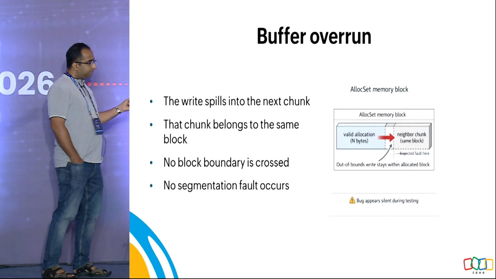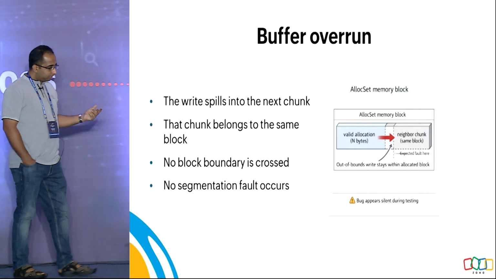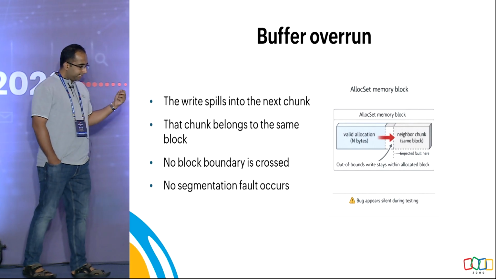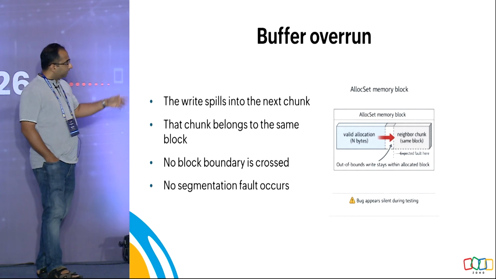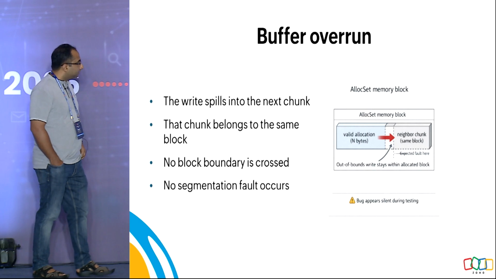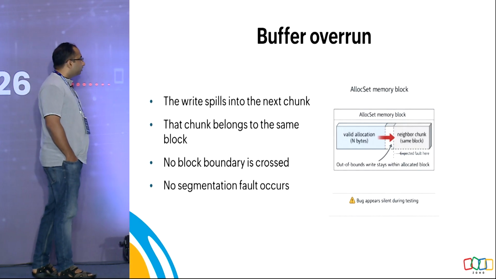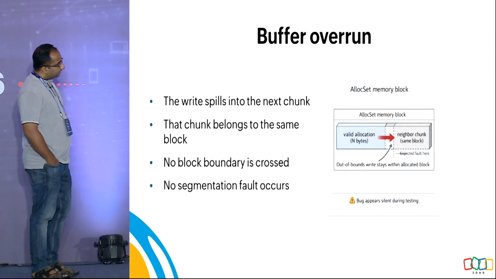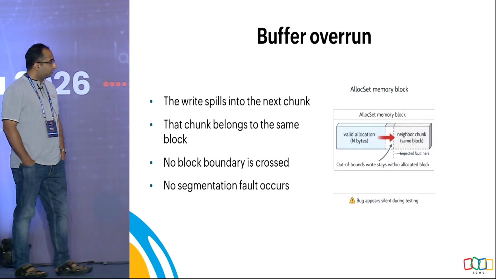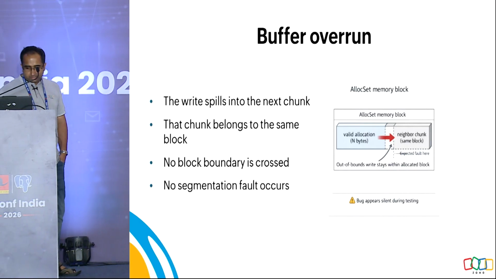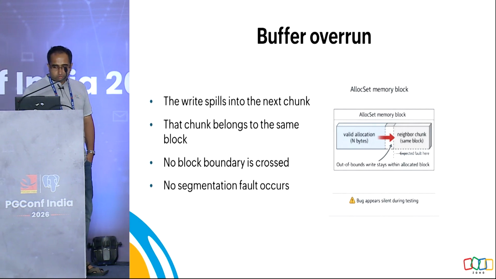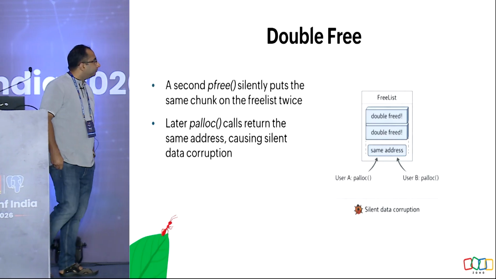So if one chunk writes across its boundaries, it can spill into the next chunk, as shown in the image. No block boundary is crossed here, no segmentation fault happens, and ASan is also blind to this.